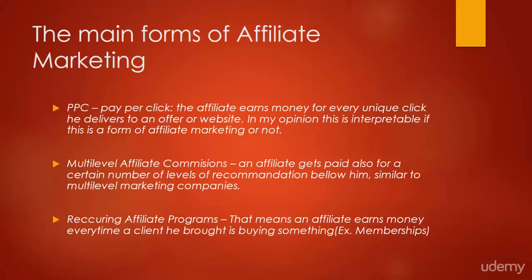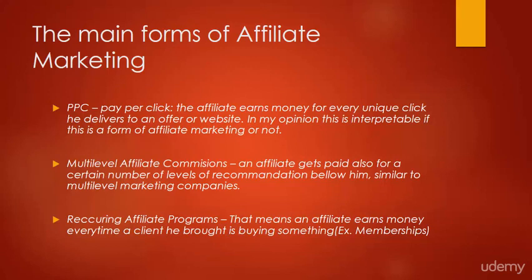Then we have the recurring affiliate programs, which I am also a big fan of, because that means an affiliate earns money every time a client he brought to a certain company buys something from that company. For example, if you are promoting memberships to a certain website, you will get paid every single month in which that person pays his subscription.